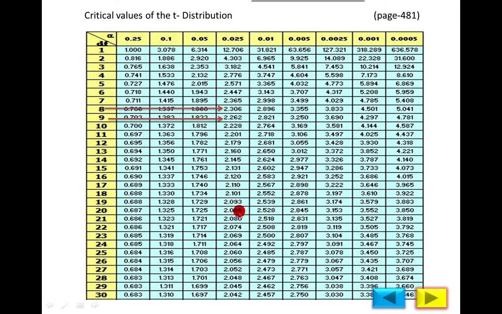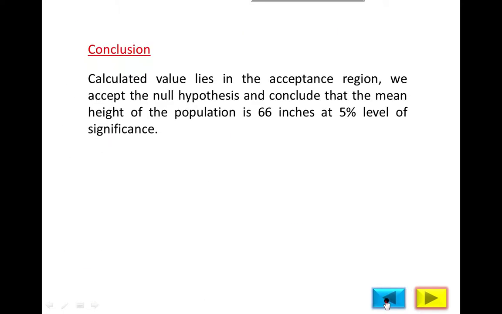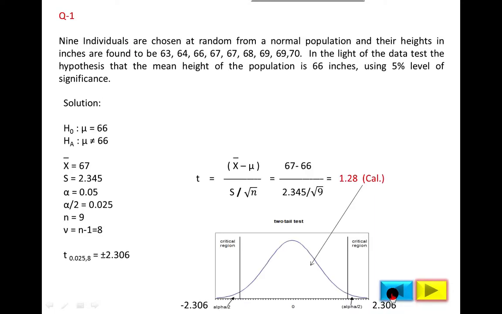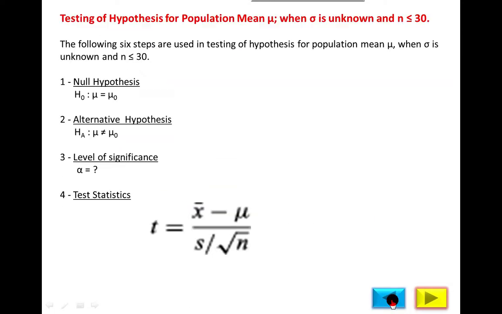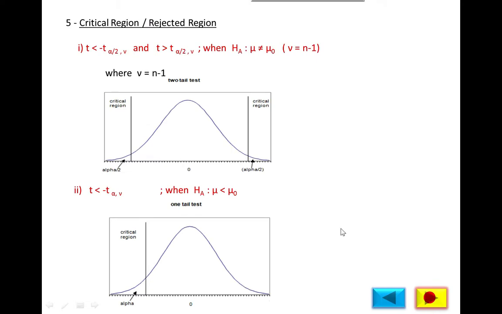In this table, all the values are positive, but for the left hand side we will write the negative value, and for the right hand side the positive value. Okay, so this notation indicates only area. This condition may or may not be true.